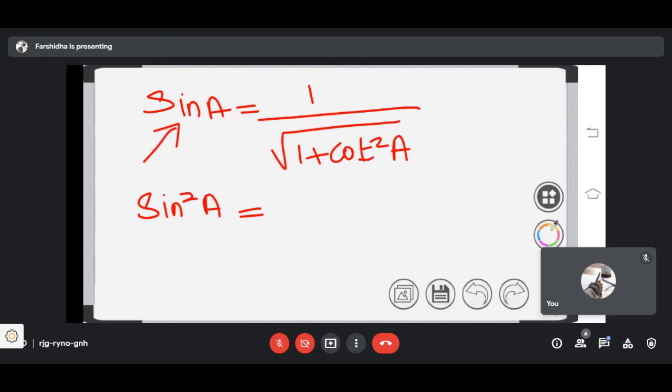I have squared sine, so sin square A will be the square of this term also. 1 square is 1, so keep it like that.